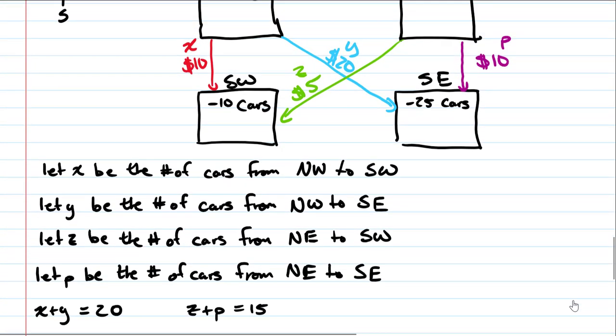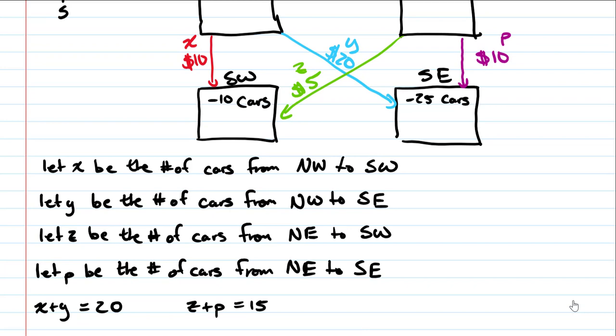All right, so we have two equations, but now we have something similar happening on the receiving end. How many cars is the Southwest going to receive? Well, how many cars are they short? 10. What are the cars that are coming in? Well, that's the red arrow and the green arrow.